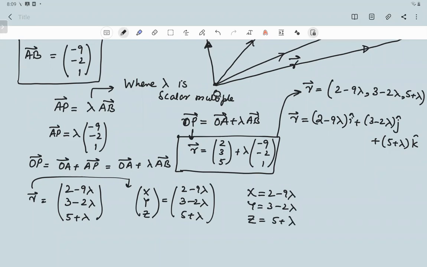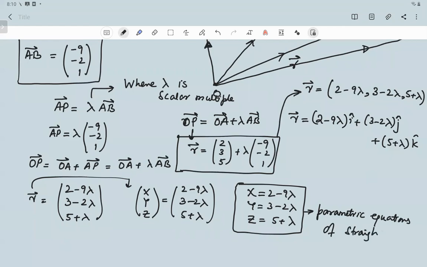When the equation is written in this format, we write all these three equations as parametric equations of a straight line in 3 dimensions.